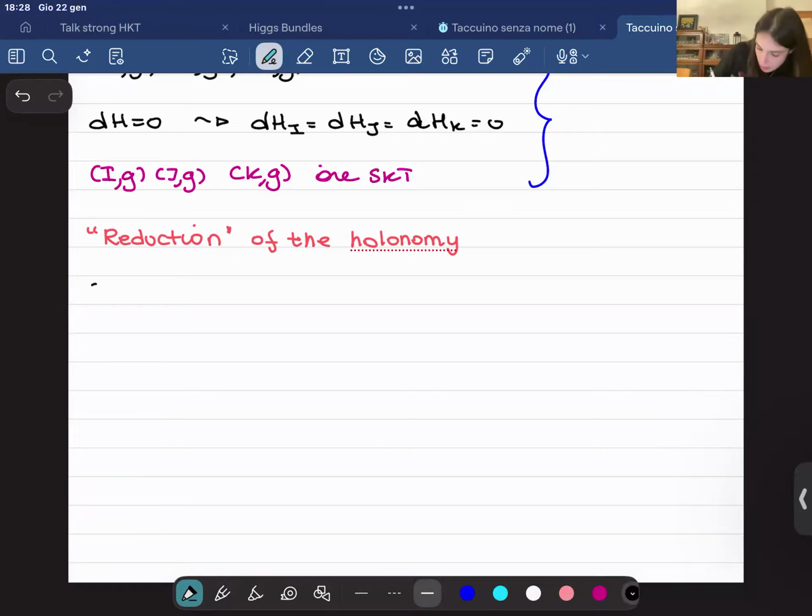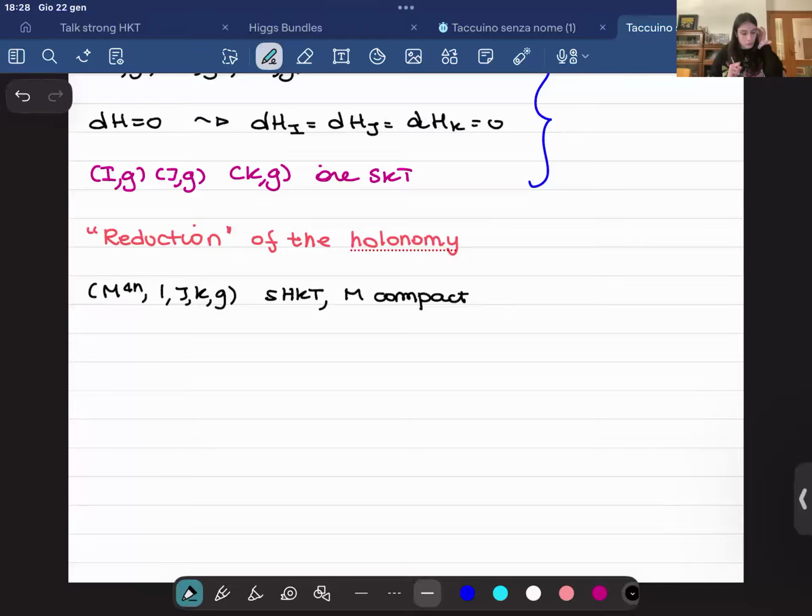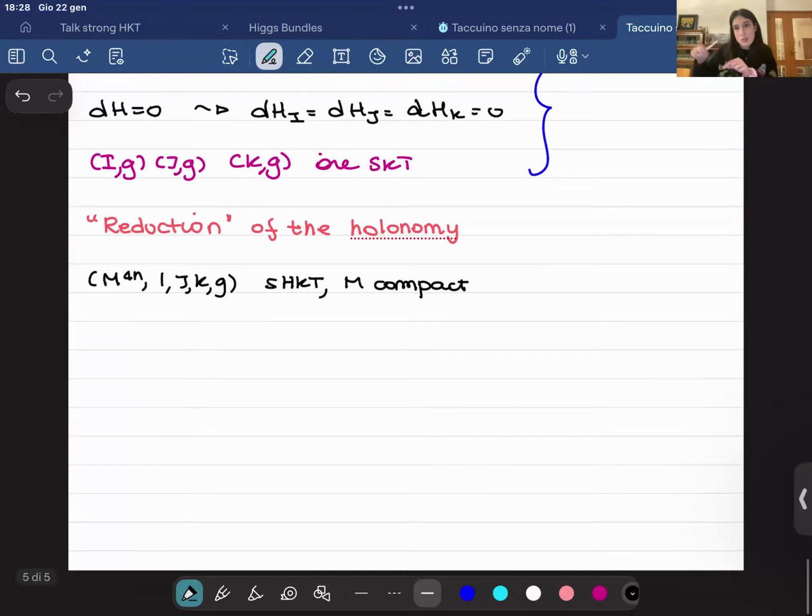So now the hypotheses are: our manifold is strong HKT, but I assume that my manifold is compact. I have that each Hermitian structure is Bismut-Hermitian-Einstein, so (L,g) is BHE.